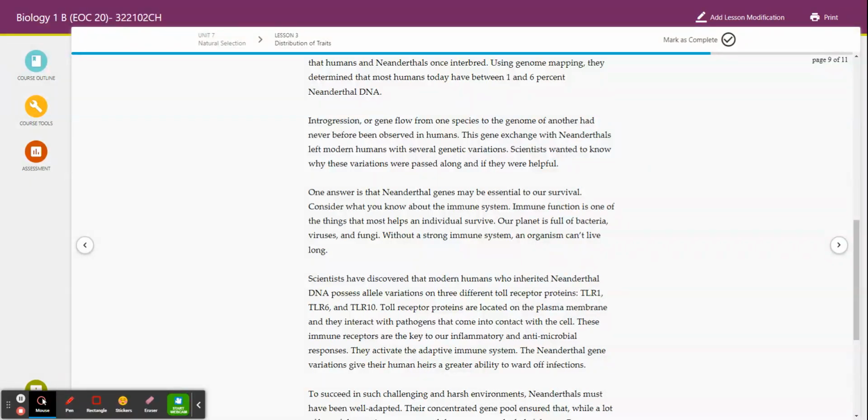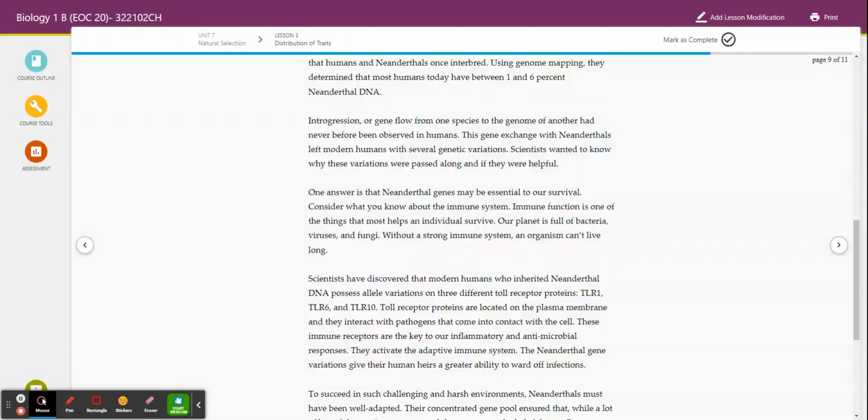Scientists have discovered that modern humans who inherited Neanderthal DNA possess allele variations on three different toll receptor proteins: TLR1, TLR6, and TLR10.